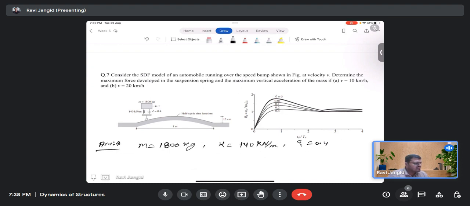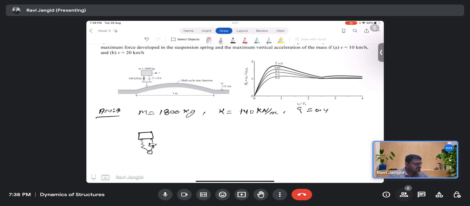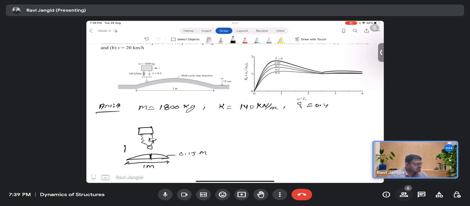We idealize that as a half sine pulse on our system of mass, damper, and stiffness. The maximum amplitude is given as 0.15 meter, and the length of this breaker is given as 1 meter. So how much time td can we calculate? td would be L over V.